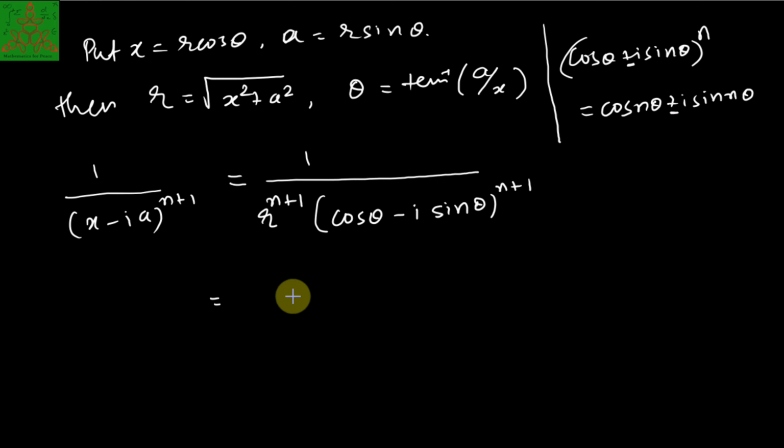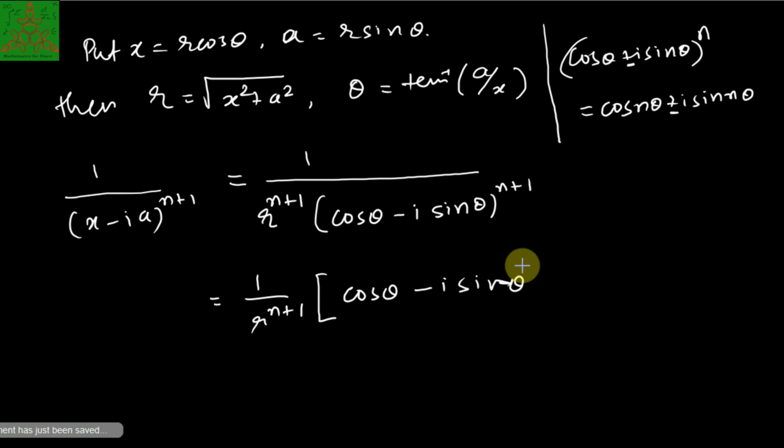So this gives me 1 upon r raised to n plus 1. If I take this to the numerator, then it is cos theta minus i sin theta raised to minus n plus 1.